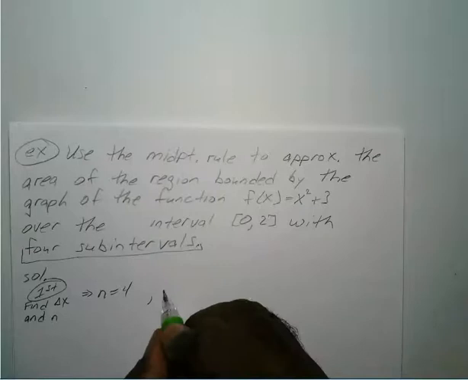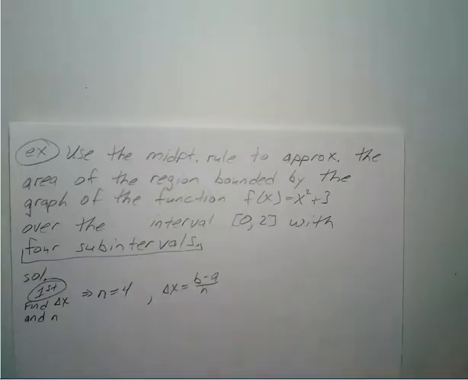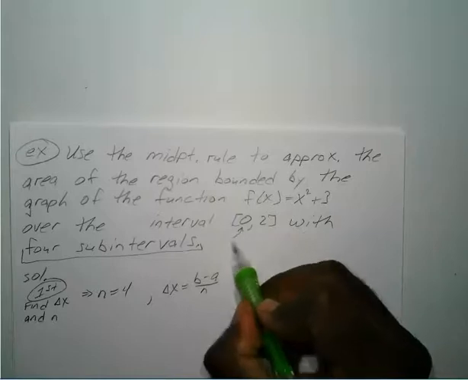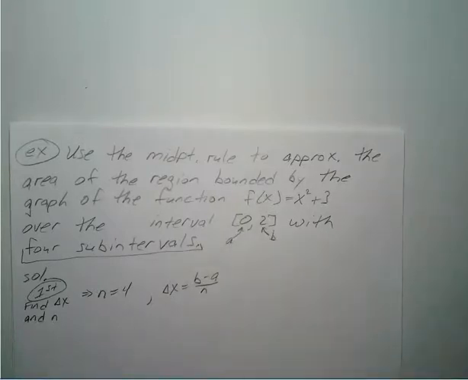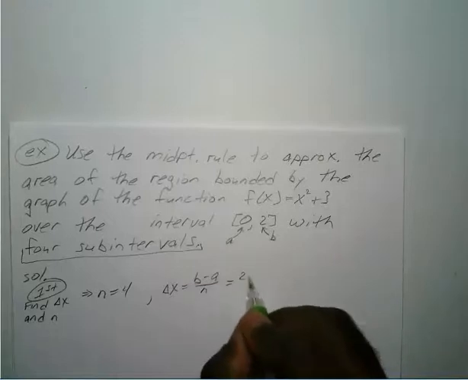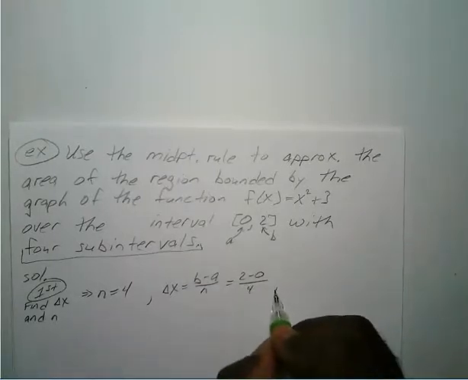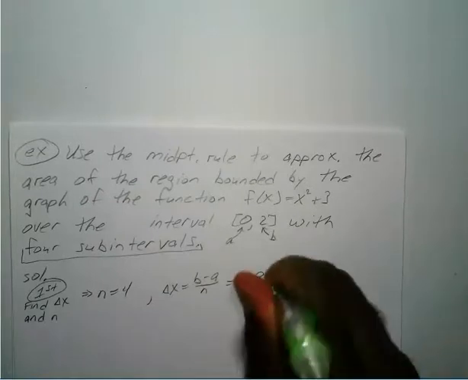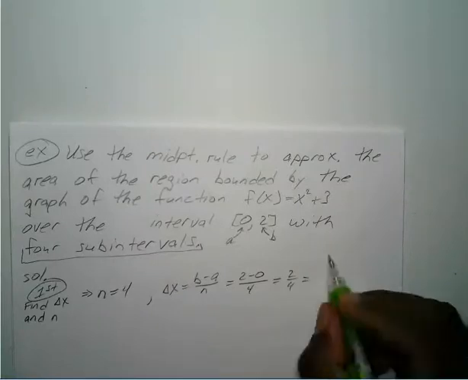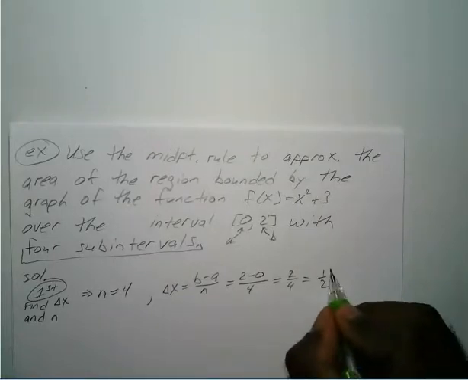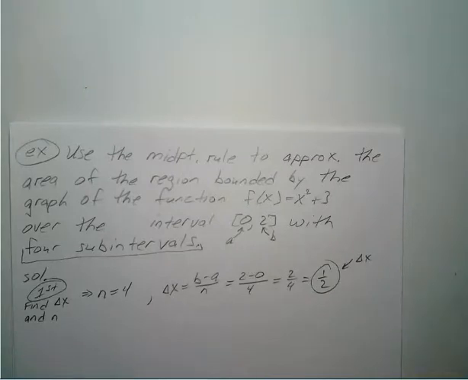And we also know that our delta x is b minus a divided by n, where that's our a, and that's our b. So that becomes 2 minus 0 divided by 4, which is 2 over 4, which becomes 1/2. So that is our delta x, our 1/2.